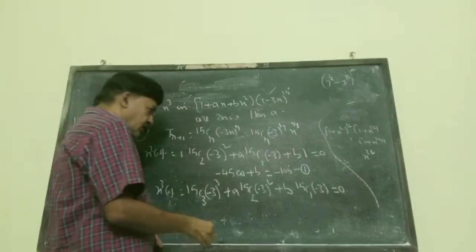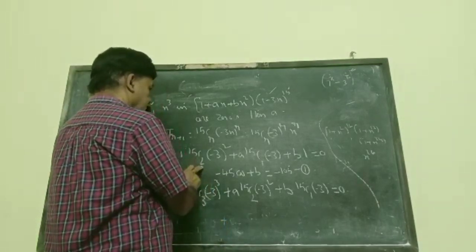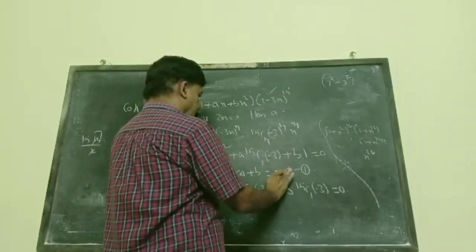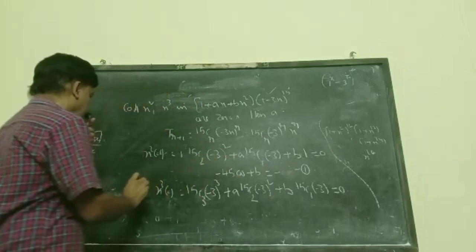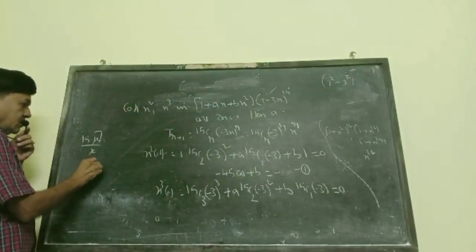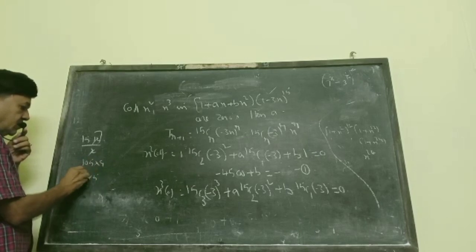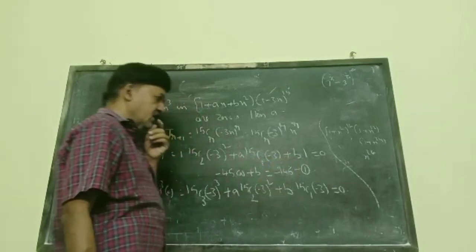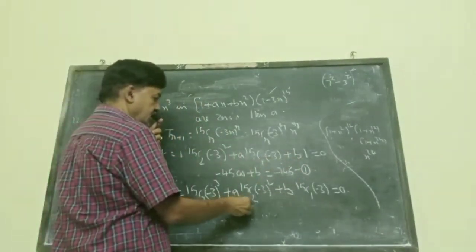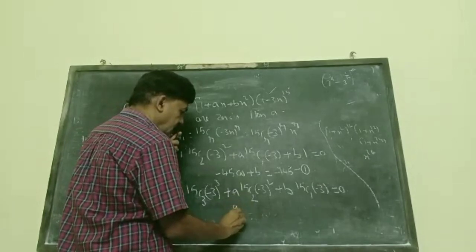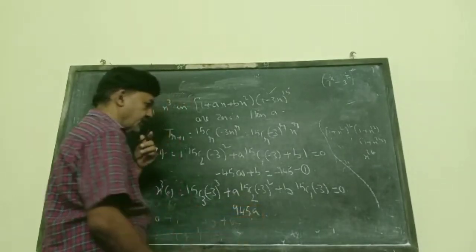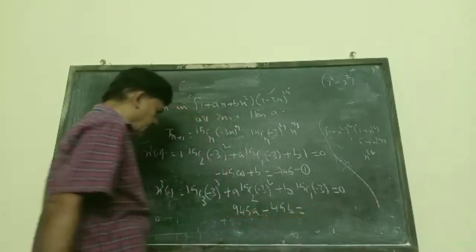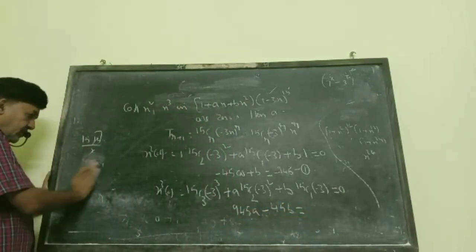Now 105, sorry, 15C2 into 9, right, sorry, please correct this. You have to simplify properly. So you will get 105 into 9, 945A minus 45B is equal to 15C3 into 27.